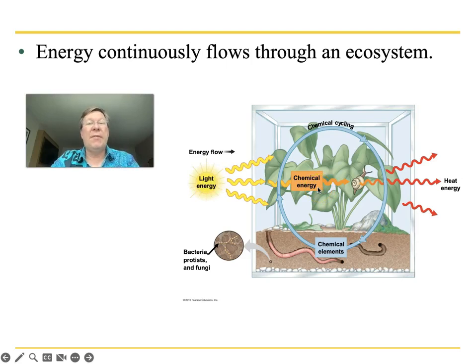Now, the plants have that chemical energy, so now organisms can eat the plant. So there is your organism, and this organism can eat the plant. And because of the activity of cellular respiration in both the animal and in the plant, a little bit of heat is released because of the second law of thermodynamics. So this is the kind of thing that tells us about how the energy flows through.